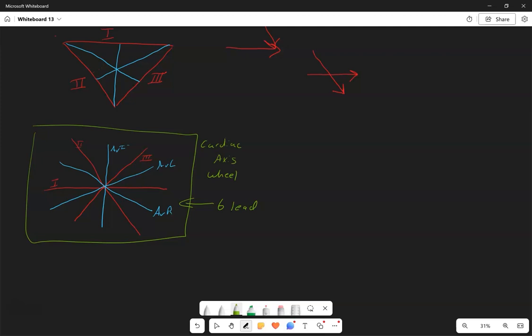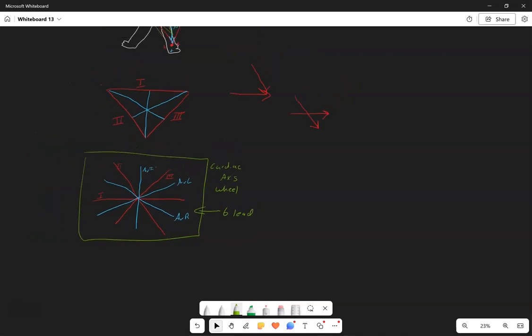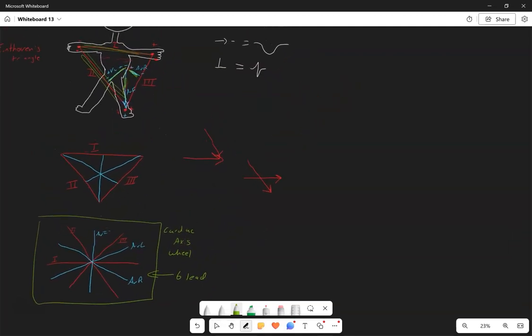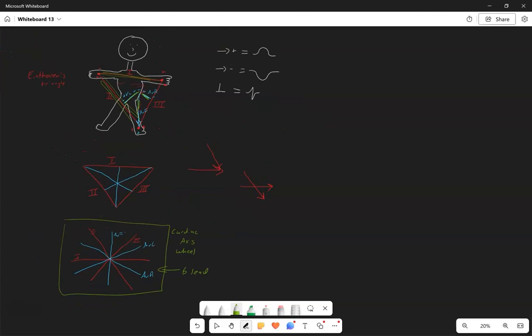Okay, so if we do that, we can know, if we look at, okay, what is the readout on AVL. Let's take this one for example, right here, AVL. Okay, if the readout is in a positive direction for AVL, I know, like on my AVL, that the positive direction is up here, right?